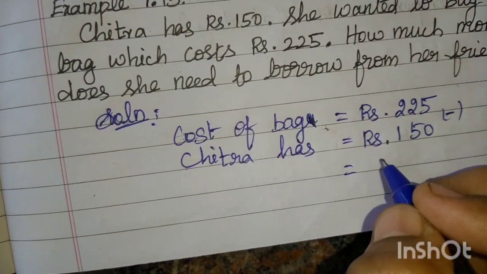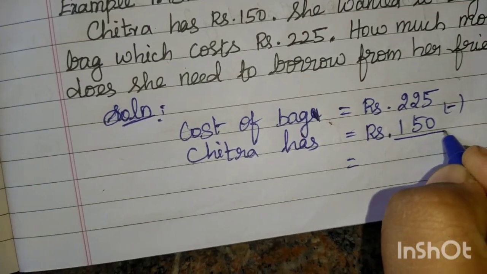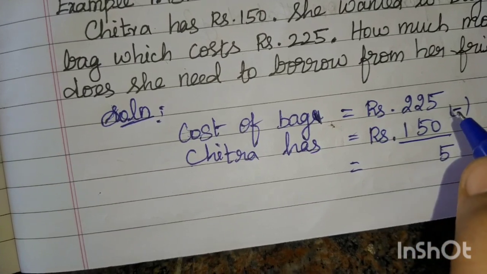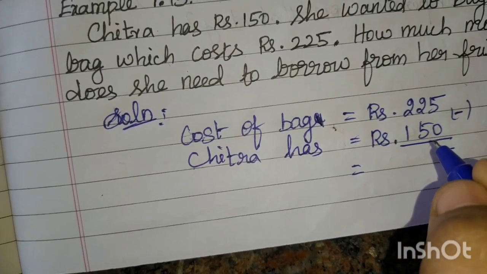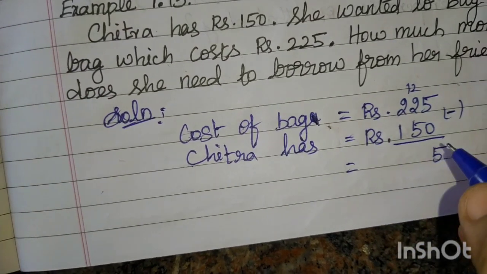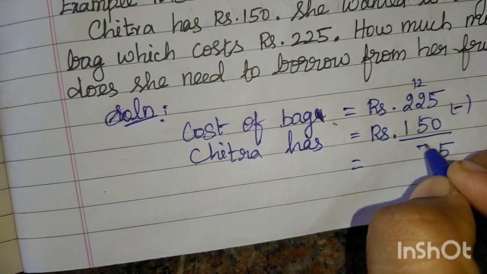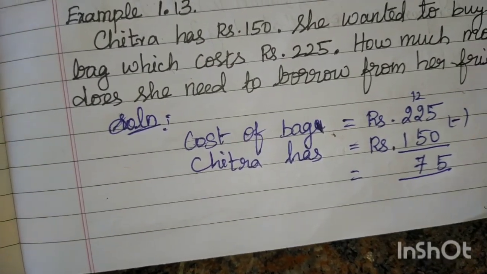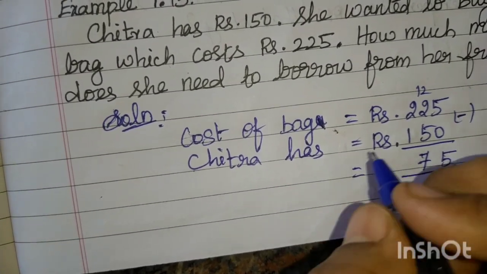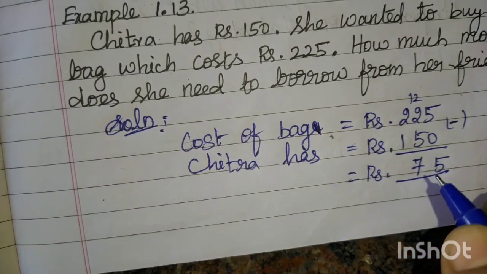Okay, so if you do the subtraction, what will you get? 5. You borrow from here. So 12 minus 5 is 7, and the answer is 75. She needs how much money in excess? 75 rupees.